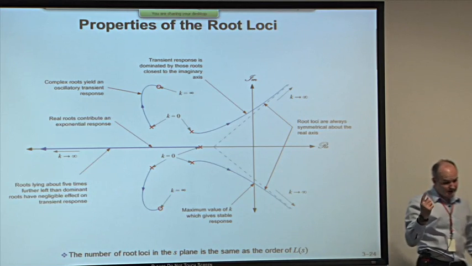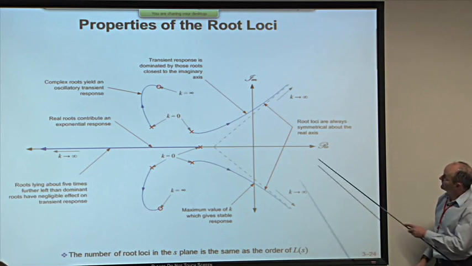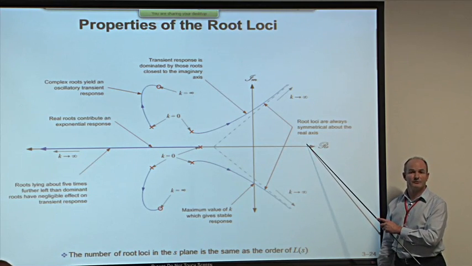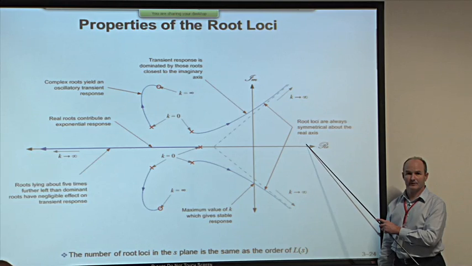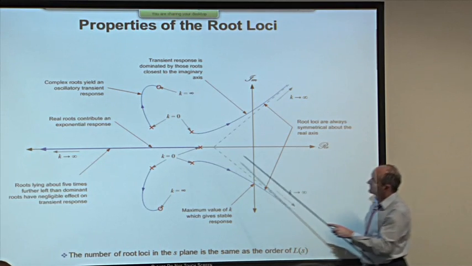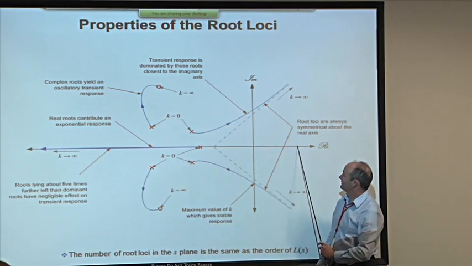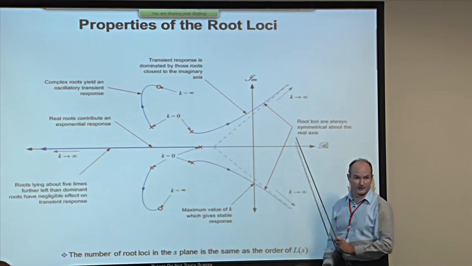Now, there is also another situation in which you have loci entering the right half plane. And that is when you have a right half plane zero. Because every root locus must start at an open loop pole and end at an open loop zero. So if you put an open loop zero over here, one of the loci has got to end up there.